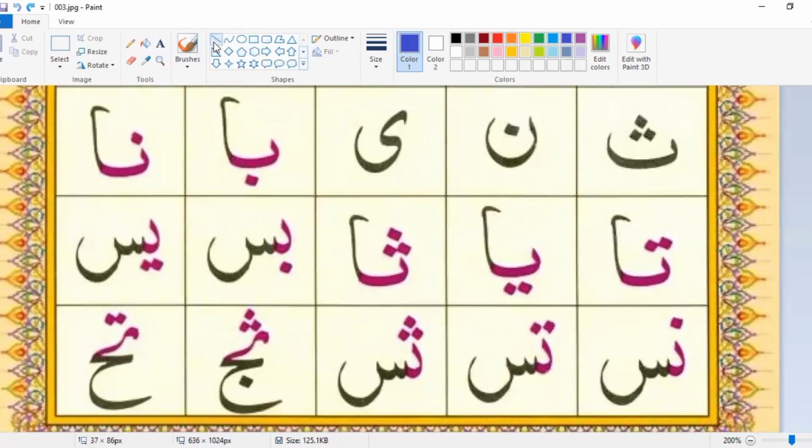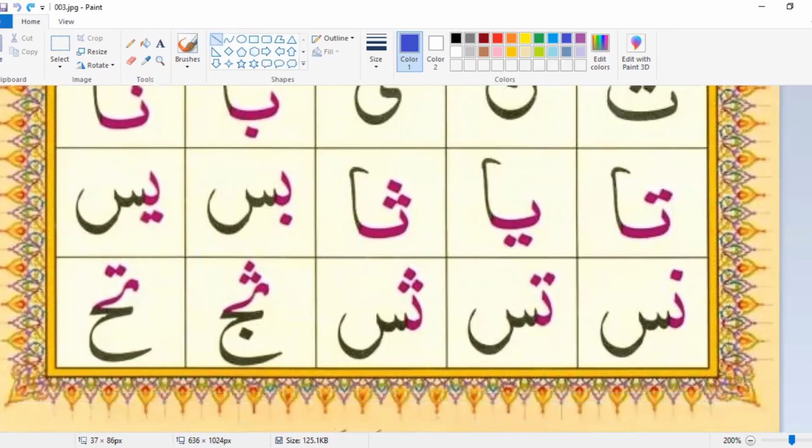So this is another shape of ba, or we are using the shorter form of ba. Again, ba, ya, noon, ta, sa. Again, these five letters are same. When we are connecting them with seen or sheen, we use the shorter form of all these five letters.